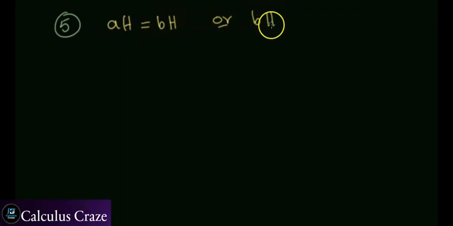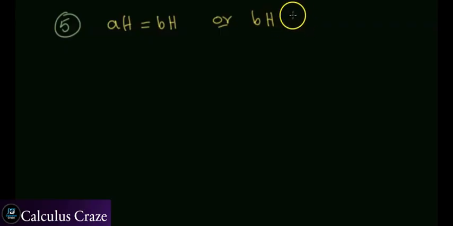So next we will be turning towards property number 5. Property number 5 is telling us that either AH is equal to BH or their intersection is empty.